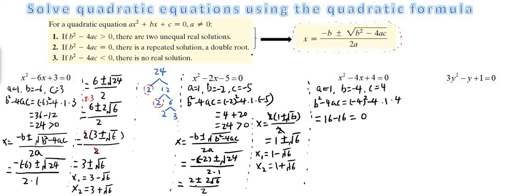We have only one solution. Okay, one solution. Now we're going to plug it in. X equals negative b plus or minus the square root of b squared minus 4ac, over 2a, and b is what? Negative 2, or negative 4, sorry.